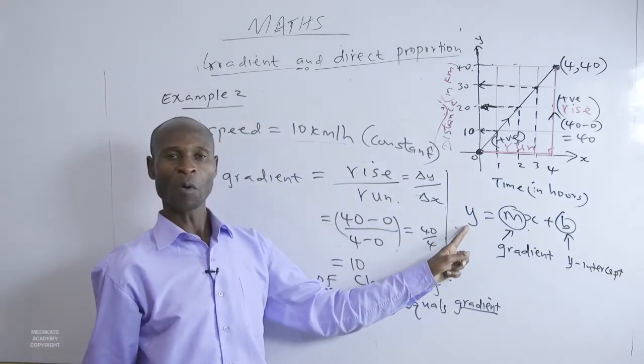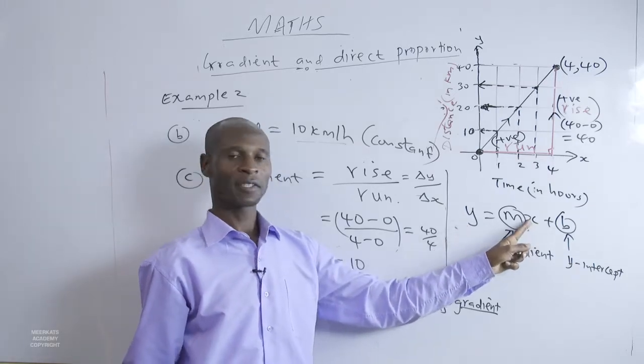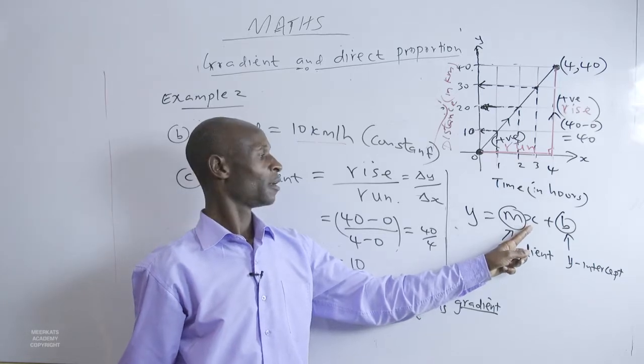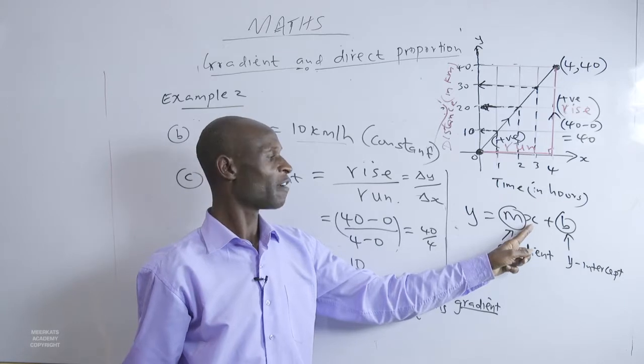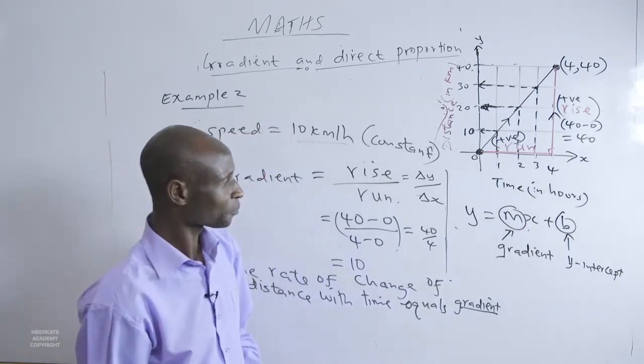Y is a variable which is normally plotted on the vertical axis. X is what we normally call the independent variable, and is normally plotted on the x-axis.